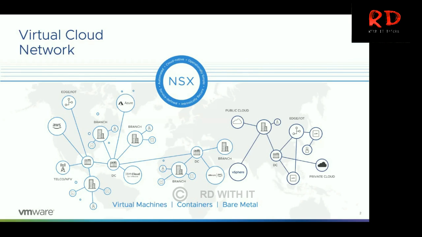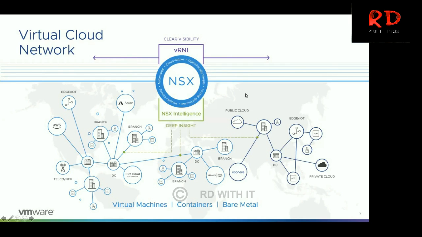We actually want to create a fabric that connects and protects all these different types of endpoints wherever they may be in your network. And then on top of that, we want to give you great visibility across the whole lot. Once you have this large fabric of endpoints in all different locations, you can imagine it is very important to have visibility across them all.